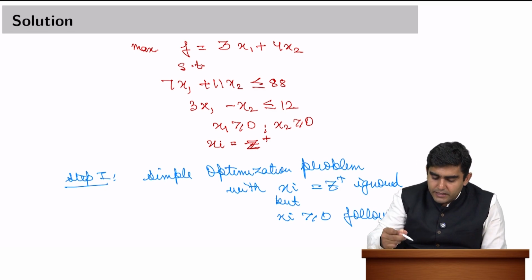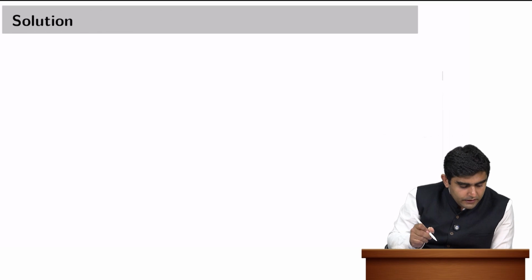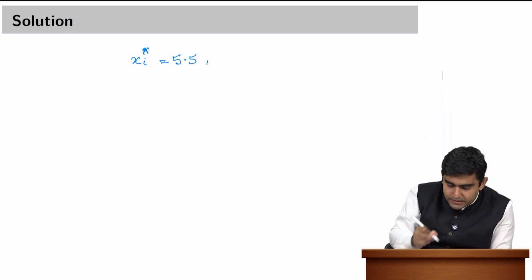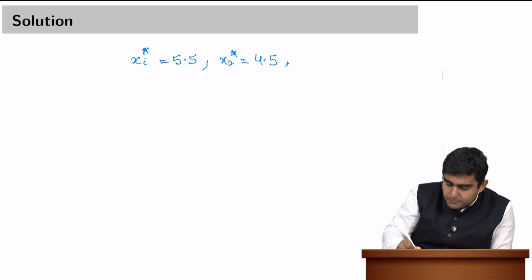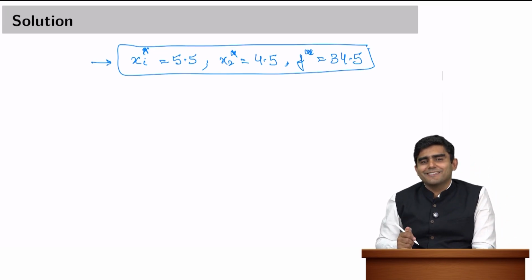The moment we do that, this can now be solved using the simplex method, which gives us the solution as x1 equal to 5.5. I am not going to solve the simplex tableau here, but this is for users to solve this example themselves using pen and paper or some programming language or simplex tableau, but this is what you should get when you solve with the constraint relaxed.